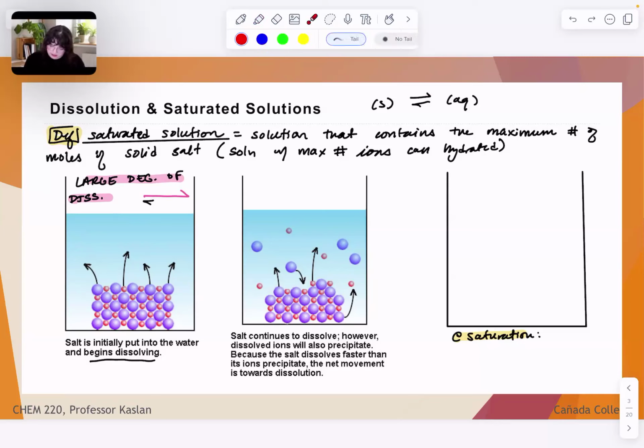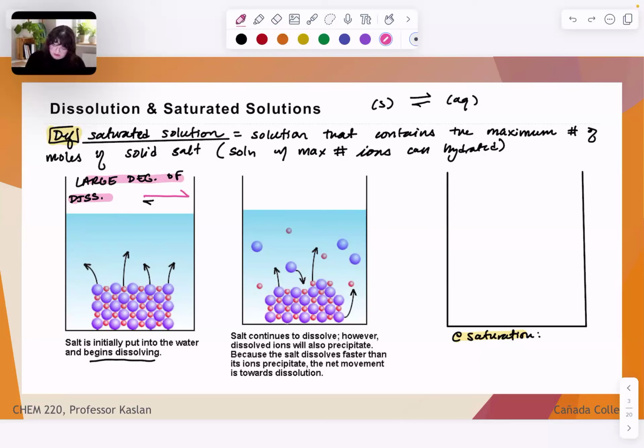Now let's look at what happens as we continue to add salt. We are adding salt and dissolving more and more of our ions, so the salt continues to dissolve. However, as that dissolution process continues, the number of ions in solution begins to increase.